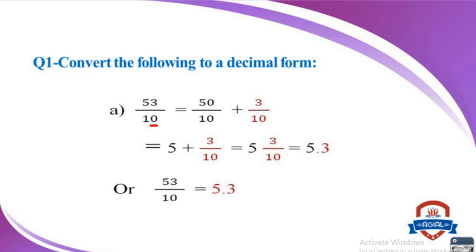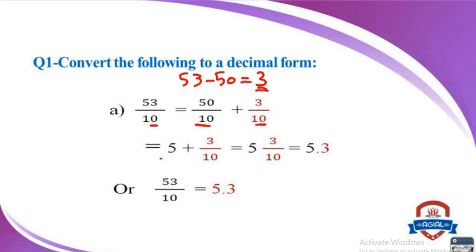So I write 50 over 10 plus 53 minus 50 equals 3. So the remainder is 3. So I can write it as 50 over 10 plus 3 over 10.